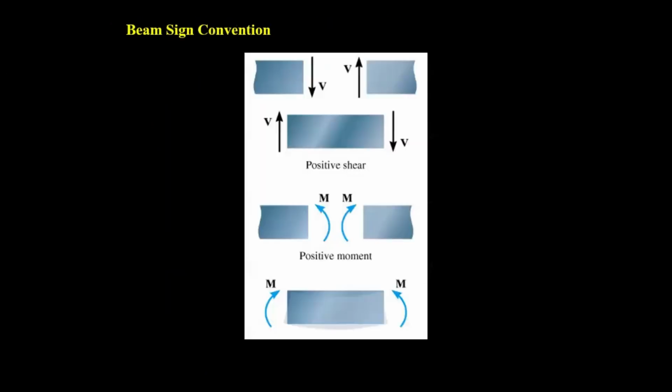Now, based on this, you have to refer to the sign convention. The positive sign convention is referenced from the left to the right, and downward we assume to be positive. When you get a negative value, it's going to be upward.